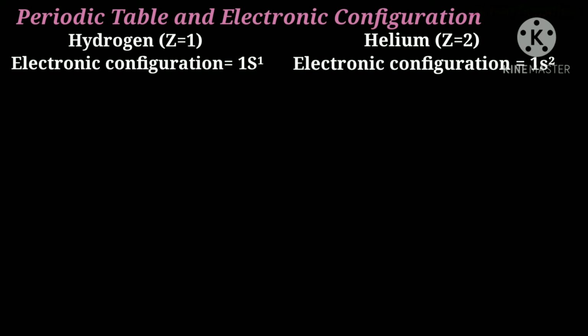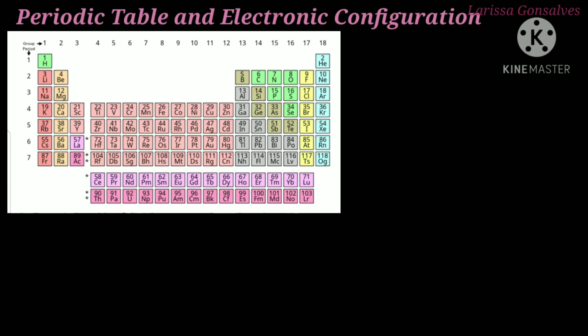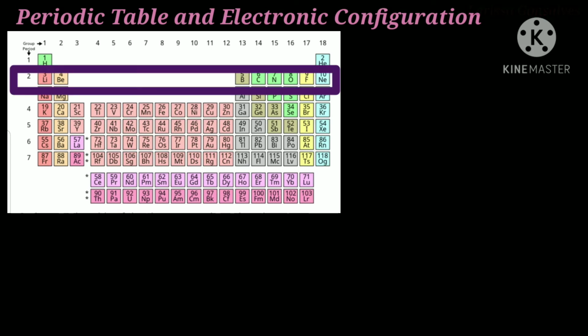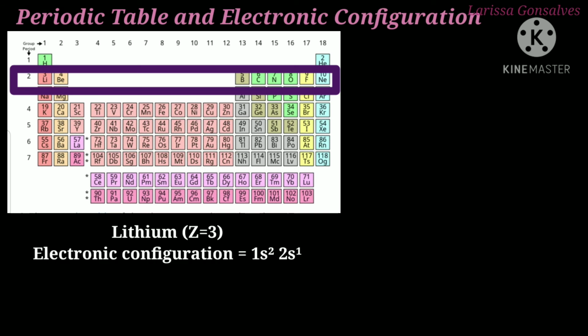The electrons start filling up the second shell along the second period. So the second period begins with lithium, which has the atomic number of 3 and its electronic configuration is 1s2, 2s1.